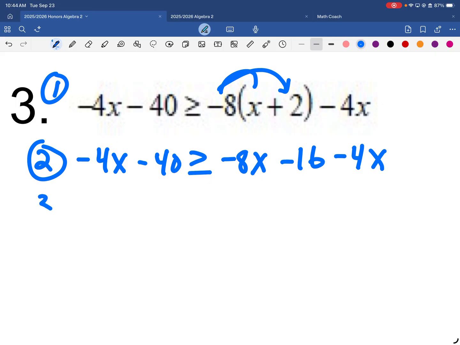Step 3. We're going to go ahead and combine like terms on the right-hand side. Go ahead and finish off step 3, and then just hold off for a second.